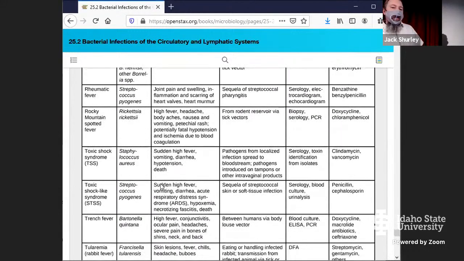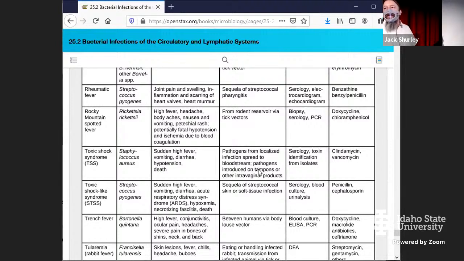Toxic shock from staph. There's definitely issues where this was really kind of big concerns with tampons and other intravaginal products. But there was one brand way back, it was maybe 60s or 70s, that touted prolonged use.